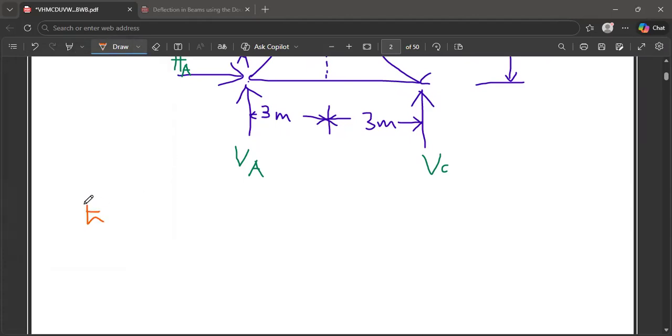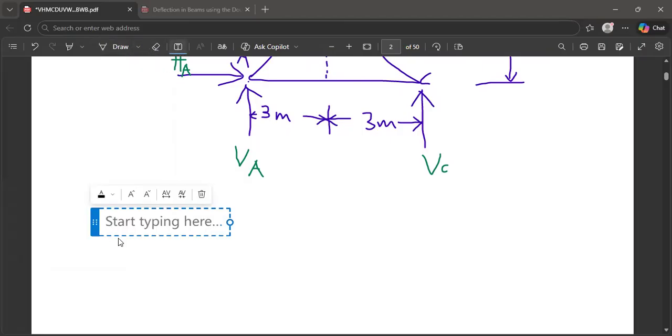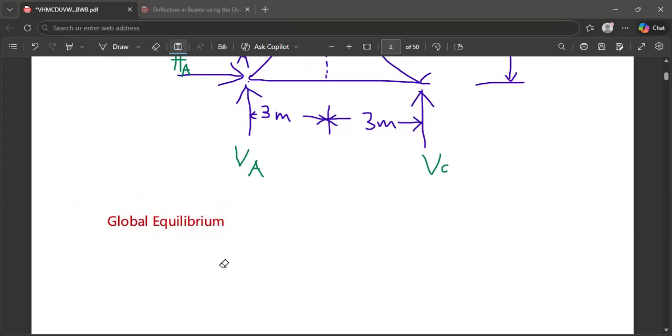So these are our equilibrium conditions. There are three, as we learned initially.